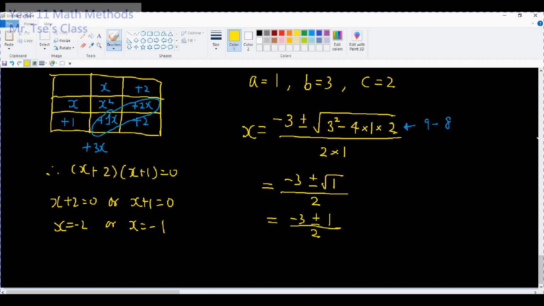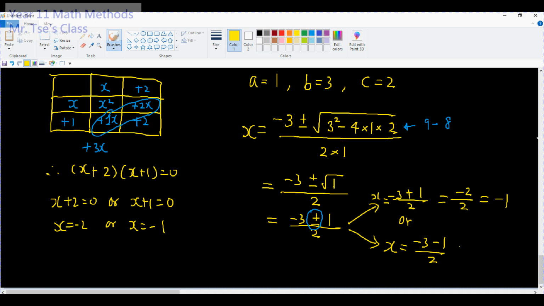How can we deal with that plus or minus? That means there are two answers. One answer is minus 3 plus 1 divided by 2, and the other is minus 3 minus 1 over 2. For the first one, minus 3 plus 1 is minus 2, over 2, so that's minus 1.